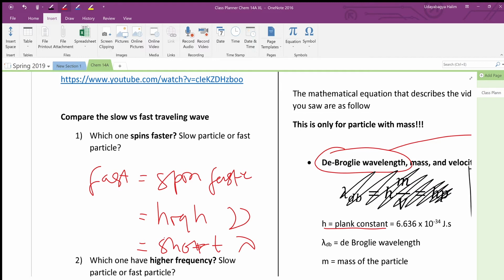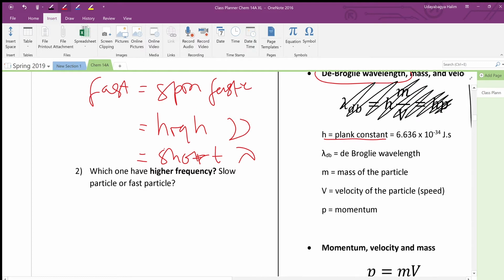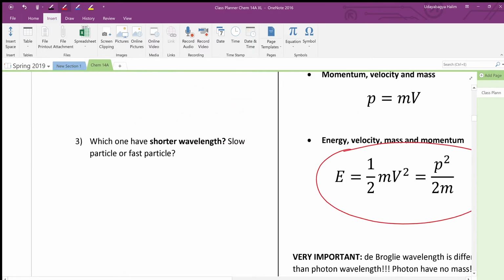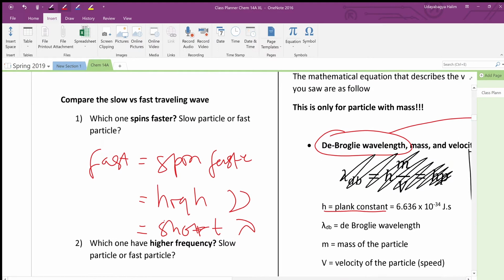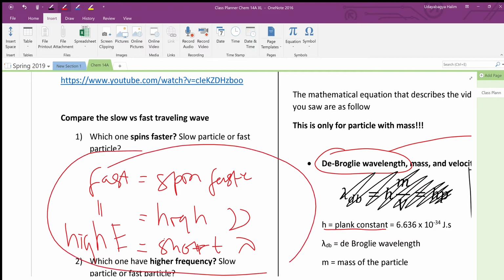But the reason it spreads out is because the wavelength is bigger, so it spreads out more. The one with the higher frequency is the faster one, and the shorter the wavelength, the faster it moves, the more energy it has, right? And this one here is essentially the answer to number 1, 2, and 3 as well.